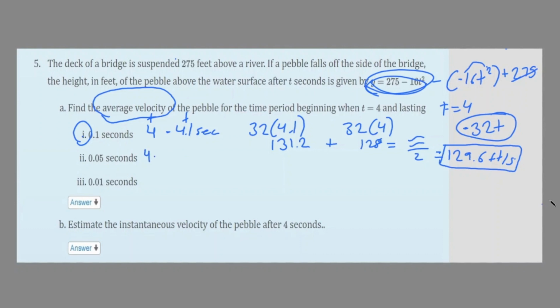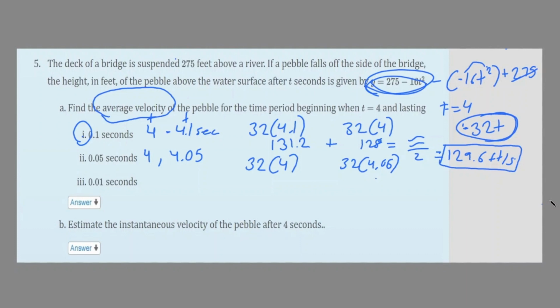Since we're basing it off 4 seconds again, the first point will be at 4 seconds, and the second point will be at 4.05 seconds. For this, we'll still use the velocity equation, so we just plug in 32 times 4 and 32 times 4.05.